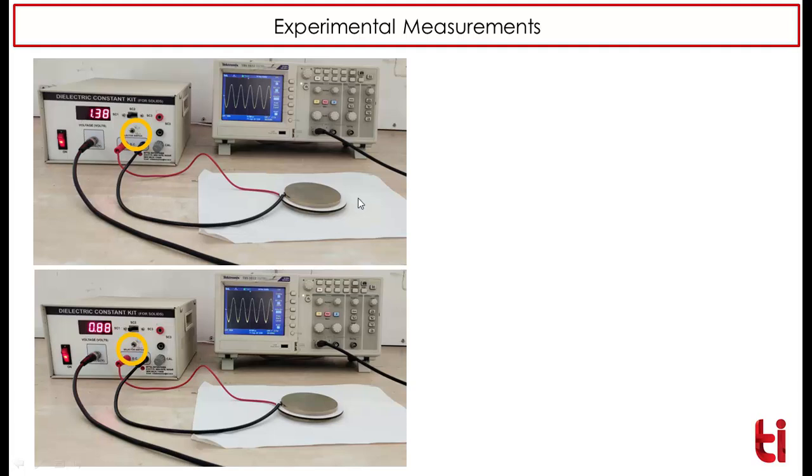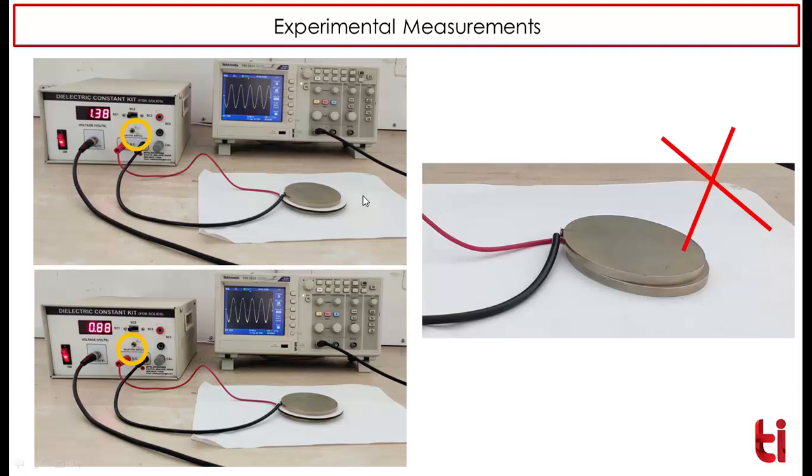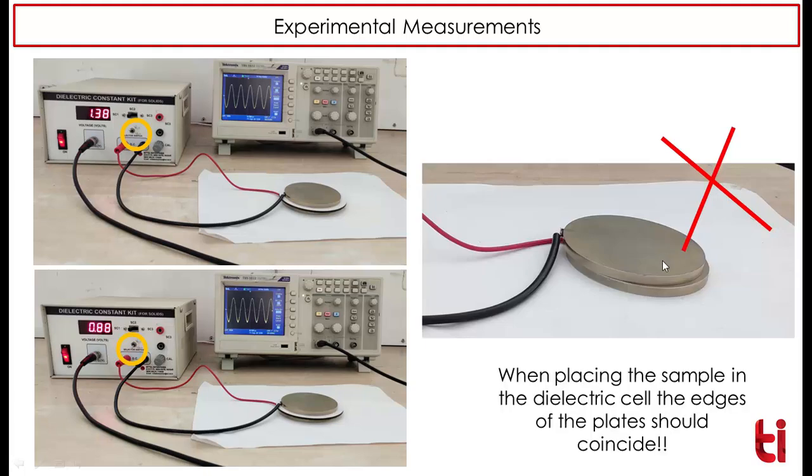When we are making this measurement, we have to make sure that the sample plates are coinciding one on top of the other. They should not be placed as shown in the figure.